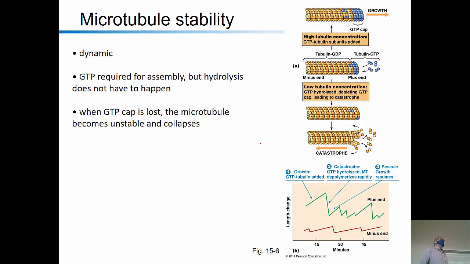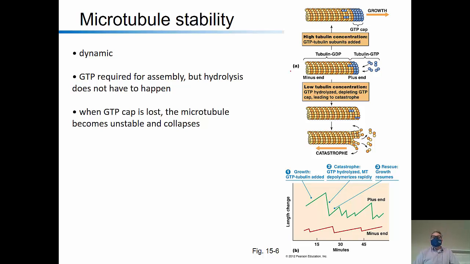We know that the alpha-beta dimers are bound to two molecules of GTP, and that in the beta tubulin, which is at the plus end, the GTP can be hydrolyzed. And that leads to instability of the microtubules.